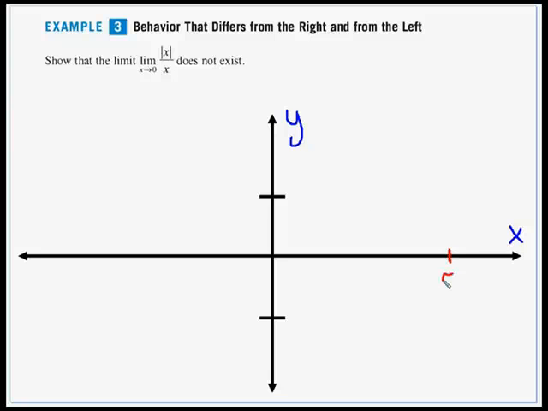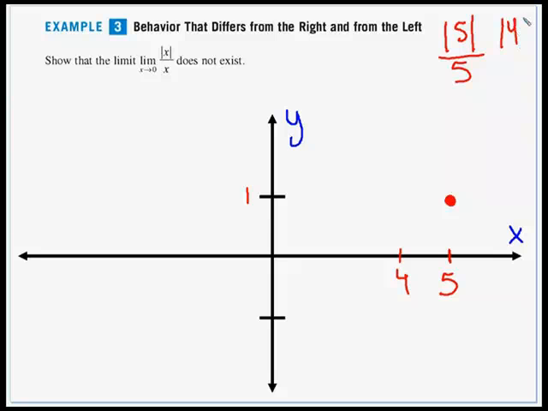Let's say we plug in a 5. We'd have the absolute value of 5 divided by 5. The absolute value bars make sure that 5 is positive, which it already is, so we get 5 divided by 5 is 1. So here's our y value, our height of 1. Our function is defined there at 1. What if we plug in 4?